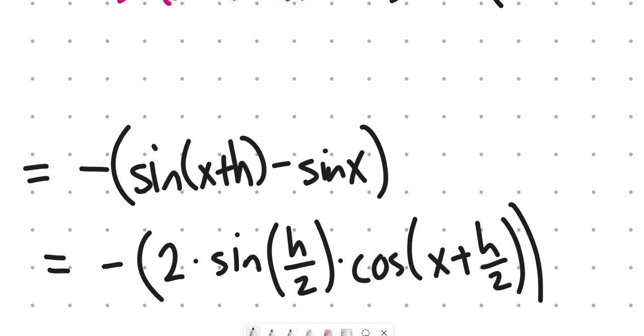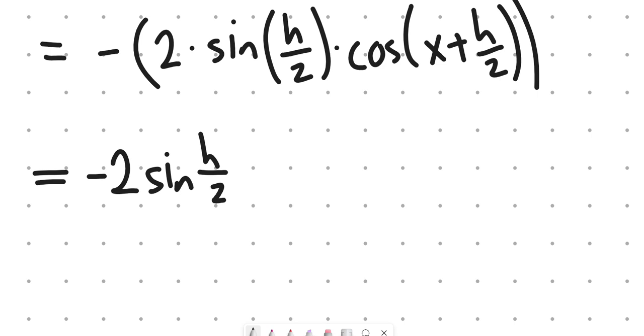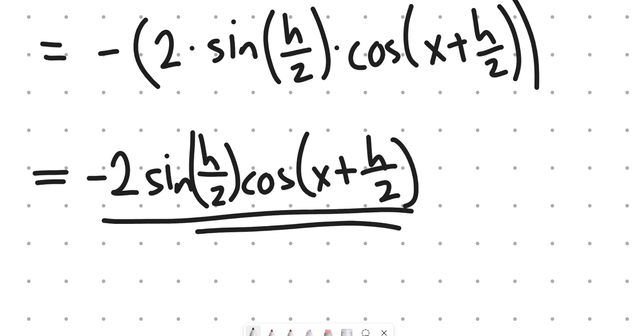Multiplying the negative with the 2, we just have negative 2 sine h over 2 cosine x plus h over 2. Now this is what we are having. From this point we can go onwards and plug this whole thing into our limit.